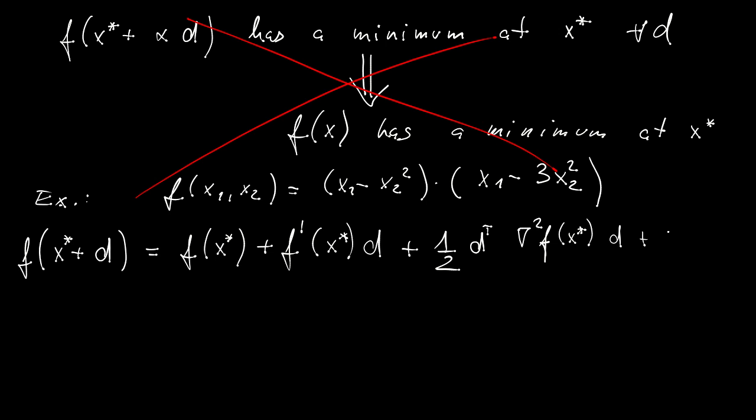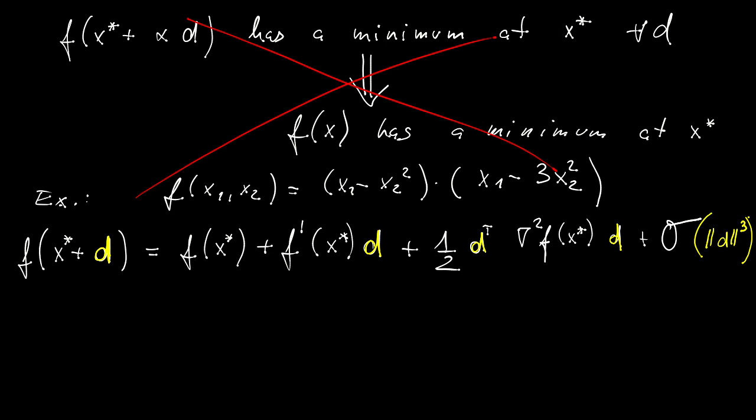Now be careful, the independent variable for us here is d, so the higher order terms must be a function of the size of d. So we will have a norm of d over here, and in this case it will be a cubic term.